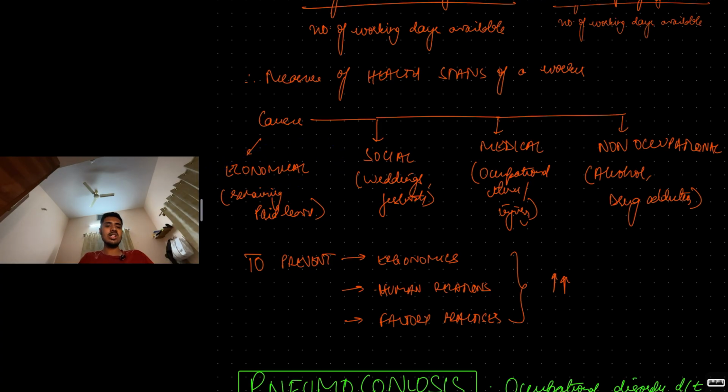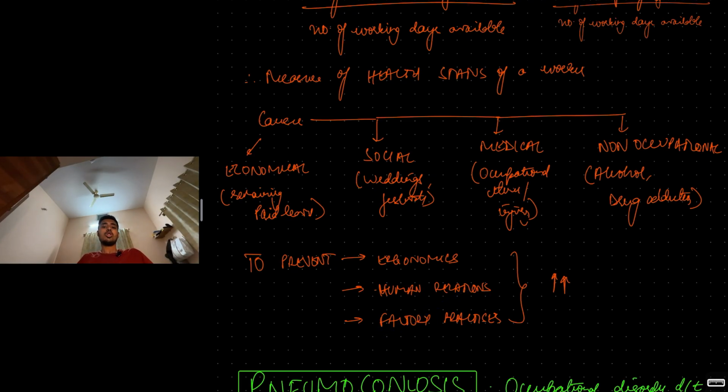Social sickness absenteeism such as weddings, festivals. Medical sickness absenteeism, because of actual illness they're taking sick leaves, occupational injuries, illness, etc. Last comes non-occupational sickness absenteeism, because of alcoholism, drug addiction, etc. How do we prevent this sickness absenteeism? Through ergonomics, through improving human relations, through improving factory practices.